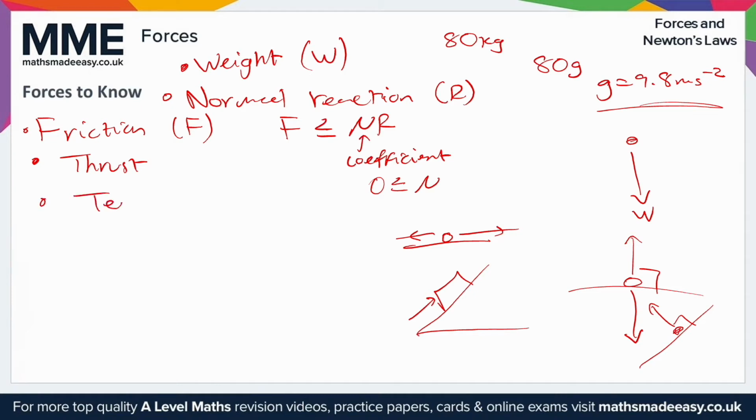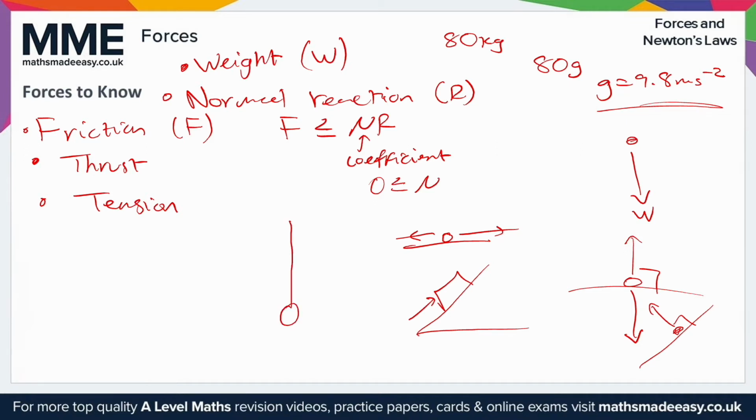Next is tension. So this is sort of a measure of how tight a rope is. It's similar to thrust in that it's resisted by friction, but requires a string, rope, or wire that is taut. So you could imagine, let's say I've got a pendulum, it's hanging from a rope.